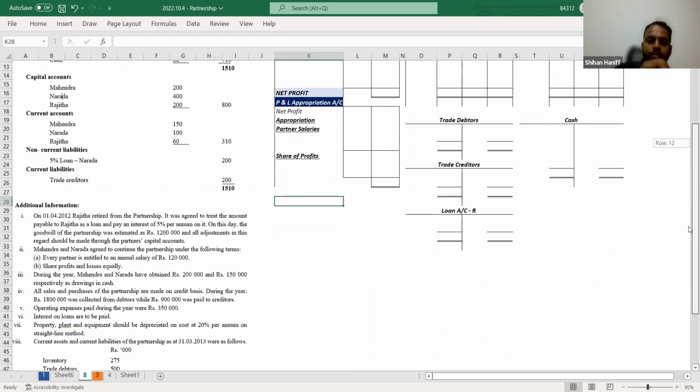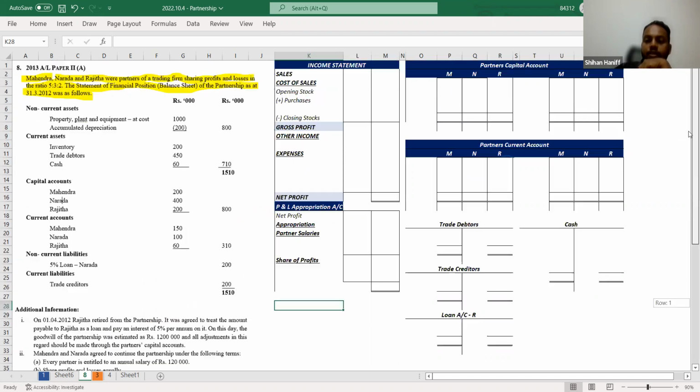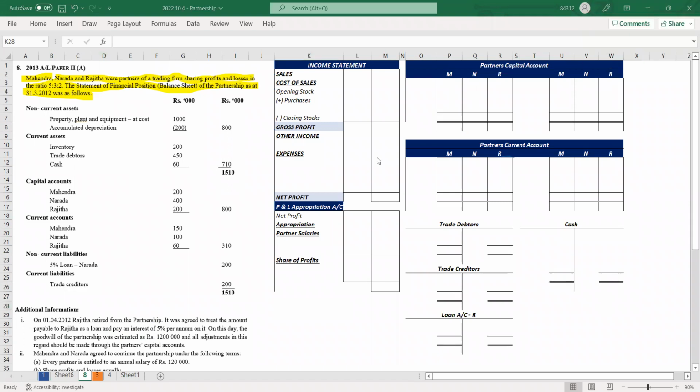So look at the year end. We have to prepare the statements for 31st March 2013. So this is opening balance. Opening balance, we need to do the accounts for 13. 12, 13.